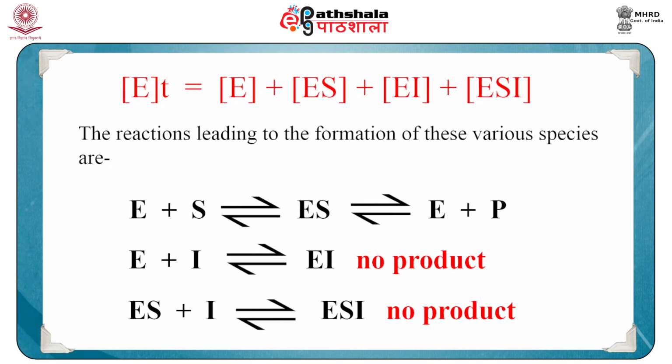The reactions leading to the formation of these various species of enzyme are E plus S giving rise to ES, which then breaks down to give you E plus P. E plus I gives rise to EI, which therefore results in no product. ES also can combine with I, that is a mixed inhibitor, to give rise to ESI. ESI also does not give rise to a product.